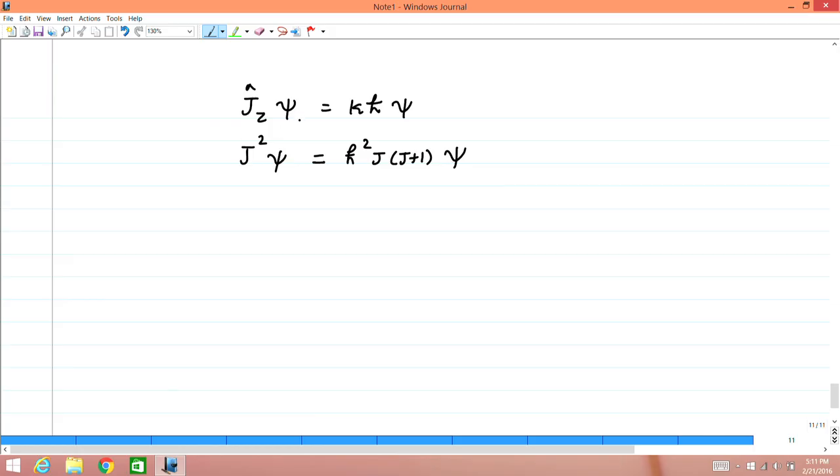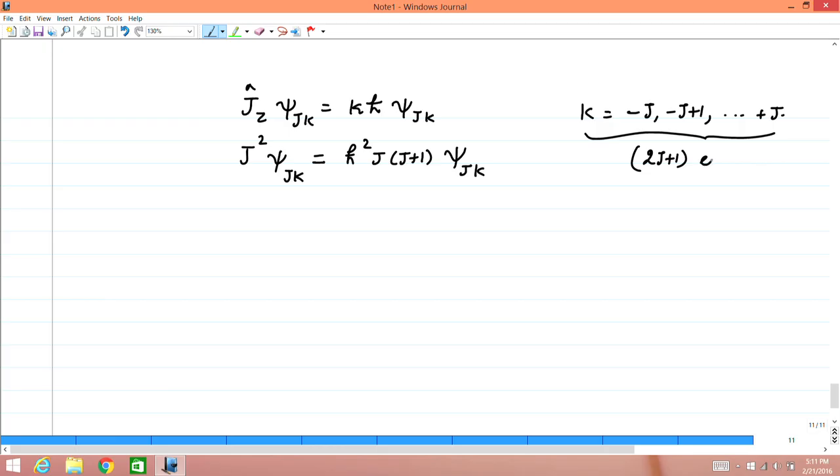We write this by denoting the eigenvalues J and k, to denote the different sets of eigenfunctions you have, namely k going from minus J to plus J. So, there are 2J plus 1 eigenfunctions.